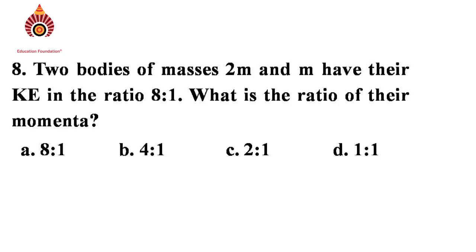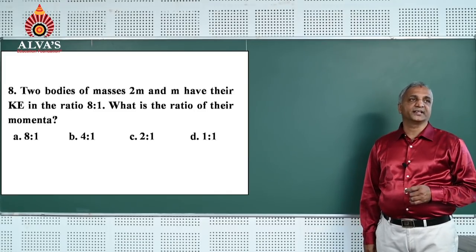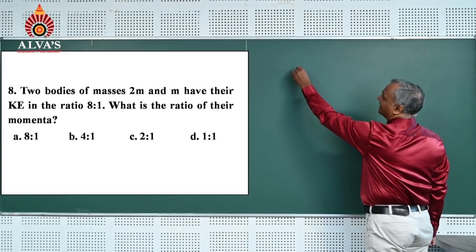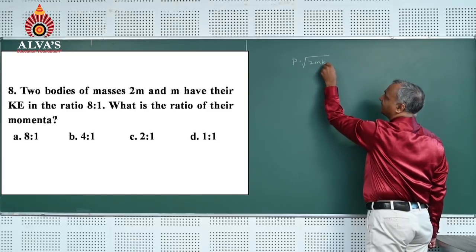Question number 8. Two bodies of masses 2m and m have their kinetic energy in the ratio 8:1. What is the ratio of their momenta? So we know that momentum is equal to square root of 2mK.